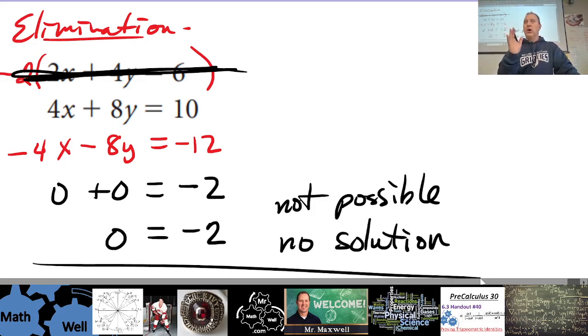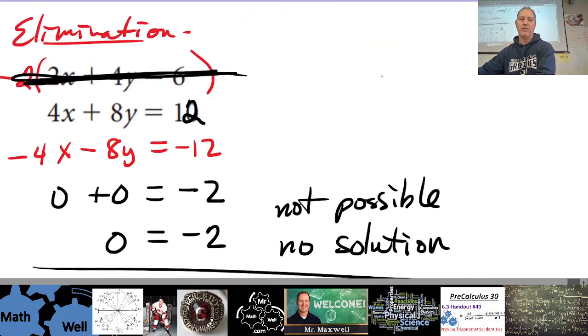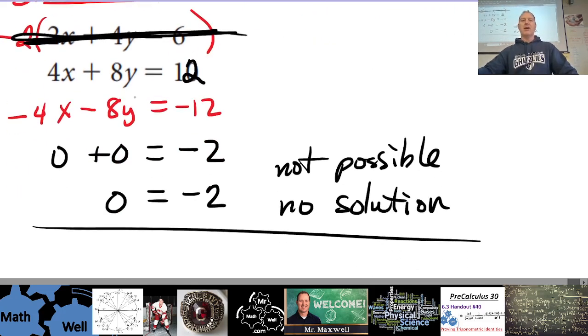Do you want to know what it looks like if there's an infinite number of solutions? Okay. So if there's an infinite number of solutions, let's say this one was 12, because that's what it is in the other example up above. So now look what happens. 12 minus 12, this would be the case where you would get something like this.